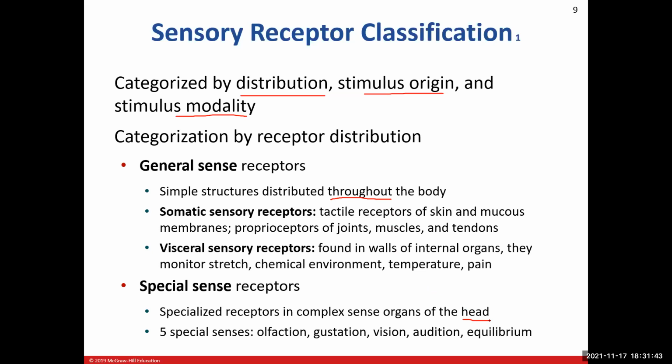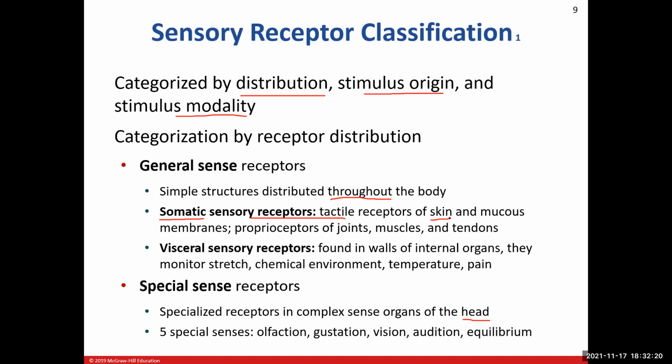So when we break down our general sense receptors, we have two categories. This should look familiar to you. Somatic sensory receptors and visceral sensory receptors. We talked about this back in chapter 12 when we were learning about the sensory component of your nervous system. So the somatic sensory receptors, somatic, you should be thinking, these sensory receptors are the ones that you can consciously perceive. So we're going to talk about our touch receptors located in the previous chapters.